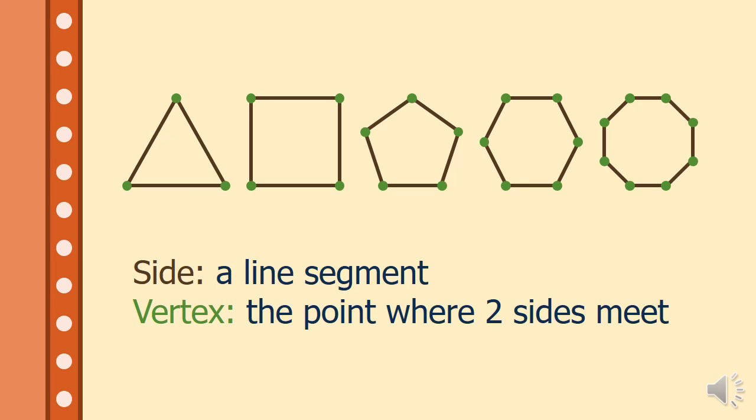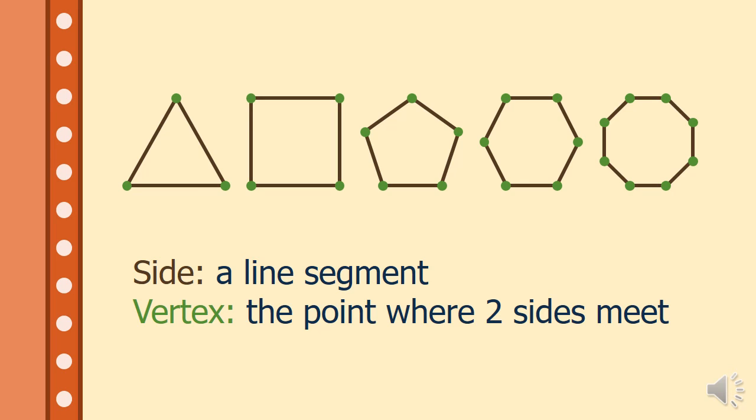And a special quadrilateral that has sides that are equal to each other is called a square. This one is a regular quadrilateral or a square. We have a special name for that one. The next one, you can see the sides are all the same length, so it is a regular pentagon, and then a regular hexagon, and a regular octagon.